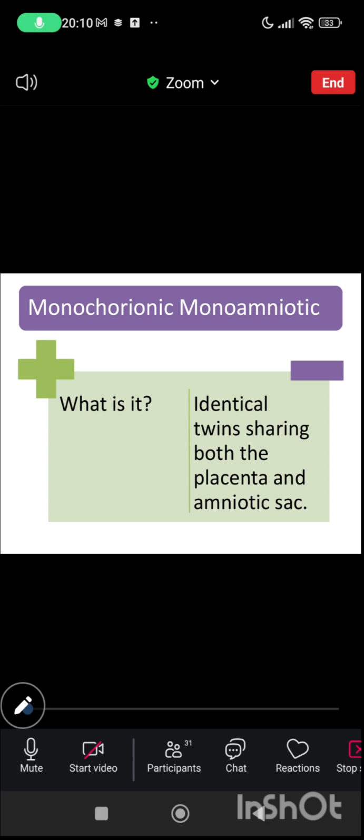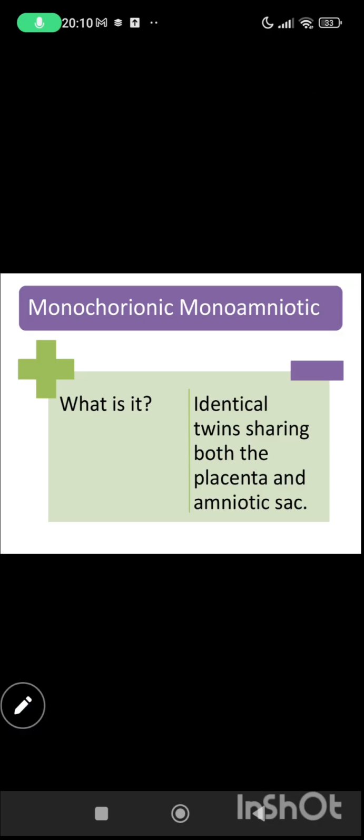Dizygotic twins always have two different gestational sacs. They always result in dichorionic and diamniotic pregnancy. Dichorionic, diamniotic means there are two gestational sacs, two amniotic sacs, and two placentas.